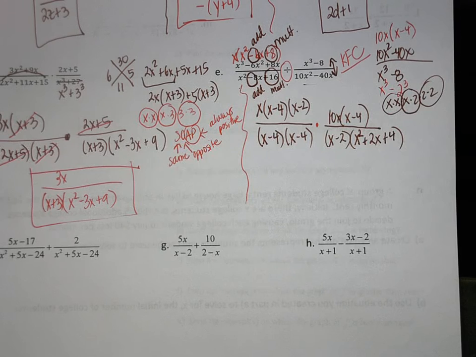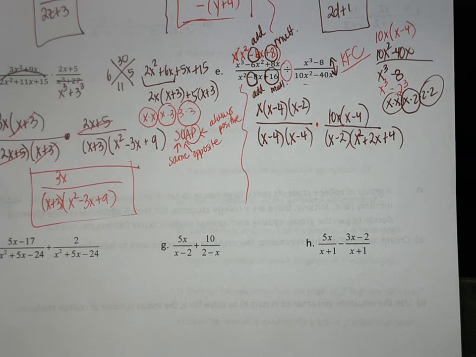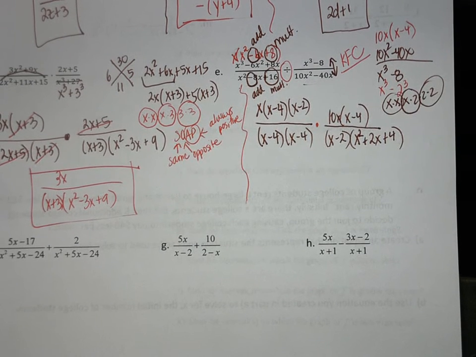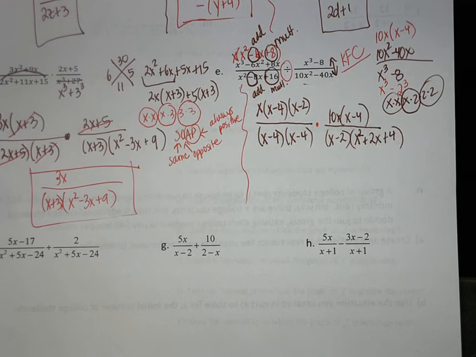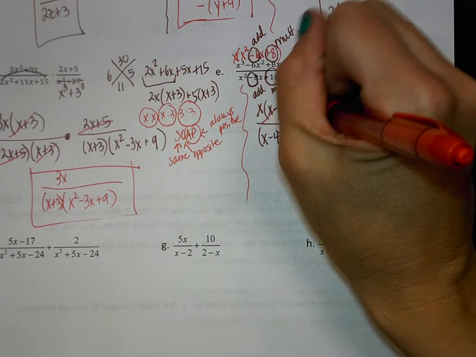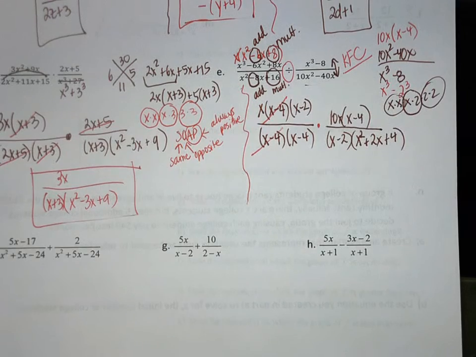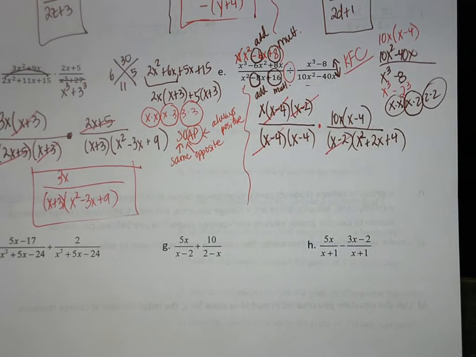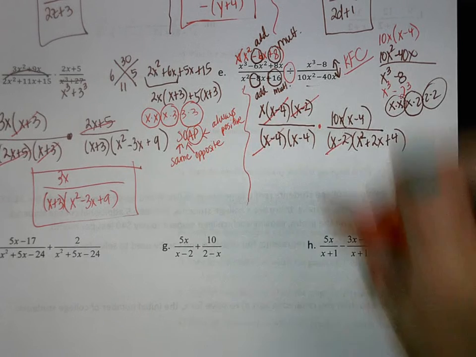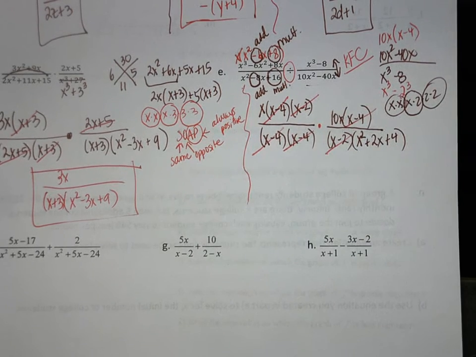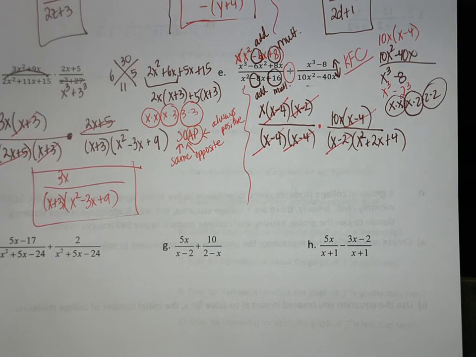Okay, so we can go through and start reducing anything that we see. So what do you see first? x minus 4s. Okay, anything else? x minus 2s. Anything else? The other two x minus 4s. Good. Anything else? Okay, so just be careful that you don't miss anything.